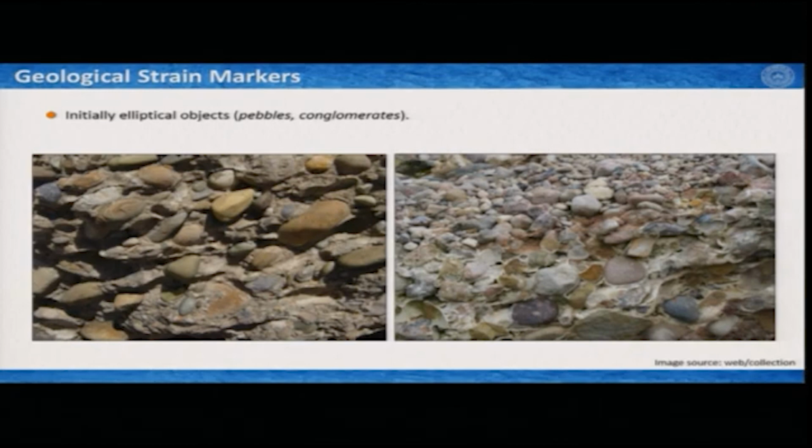You know what a conglomerate is: some pebbles hosted in a fine grained matrix. In this image these are not necessarily of equal shape and geometry, but statistically if you consider say 10, 15, 20, 30, 50 of such pebbles, and they are deformed, you can get an estimate of the strain of these deformed rocks.